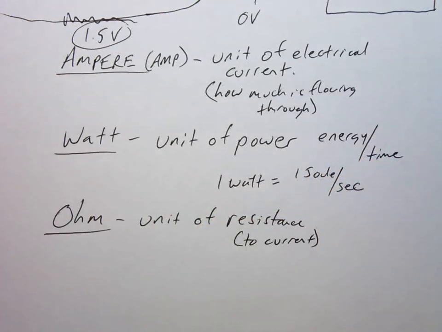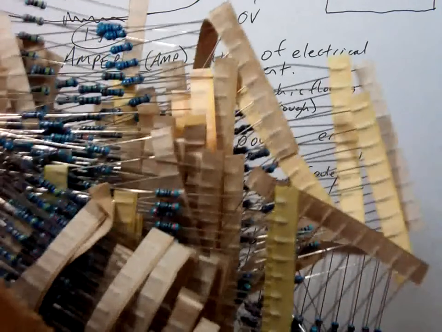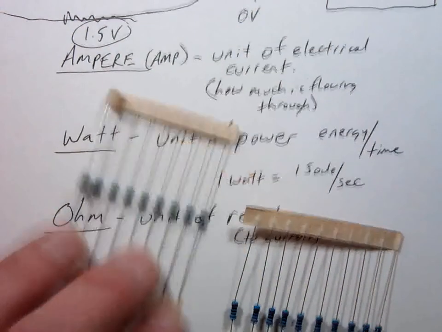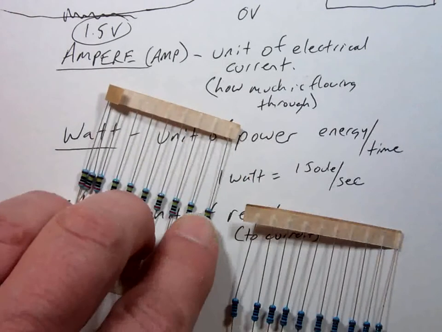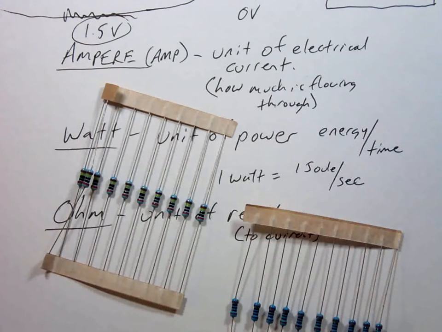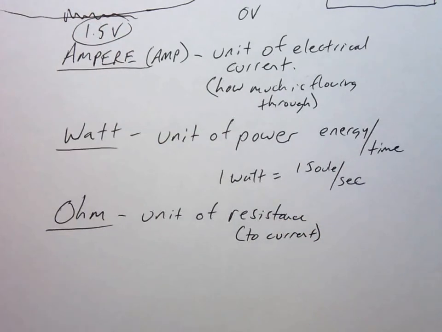If you've ever taken apart anything electronic and you see these little things in it, those are called resistors. Their job is to take whatever electrical current is flowing and slow it down or decrease it to a different amount, and that can change the voltage.